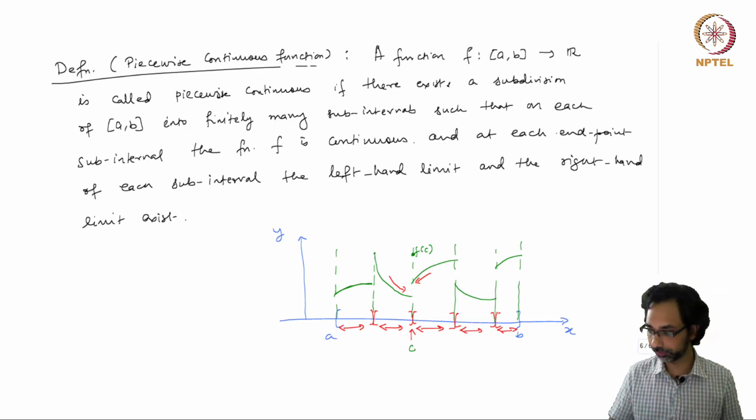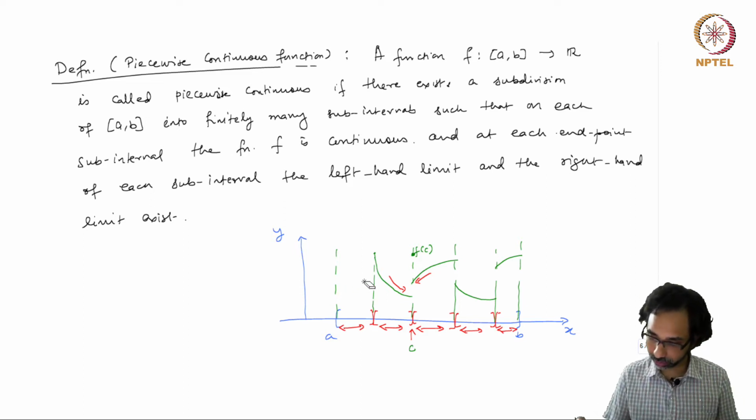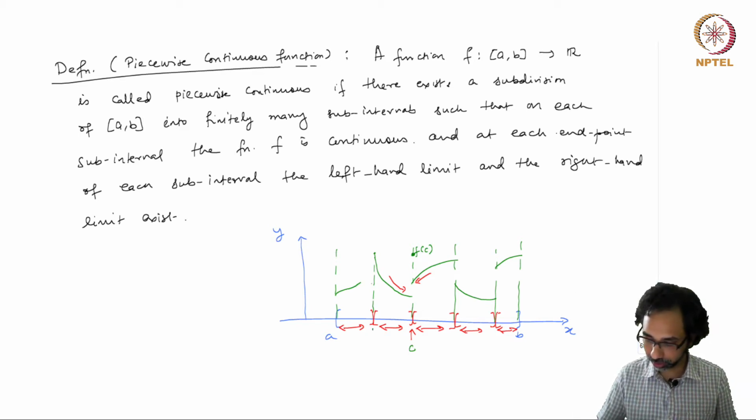So what is not allowed here is, say, if I delete this first chunk here, now let's say it starts here, but at this endpoint it goes to plus infinity as an asymptote.